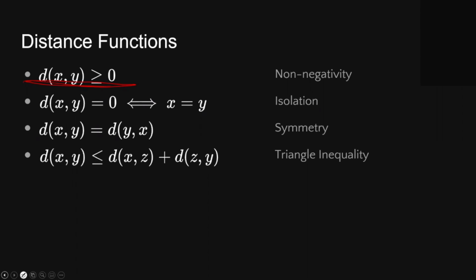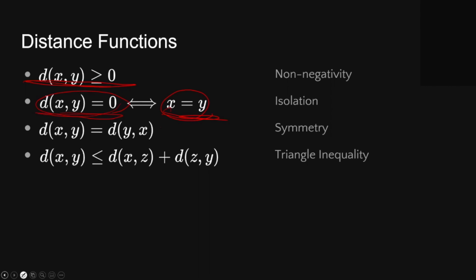And speaking of distance equal to 0, the distance function value between x and y is 0 if and only if x is an identical point with y. So only when x equals y can the distance function have a value of 0. Or in other words, if the distance is 0, then there's a guarantee that x equals y.